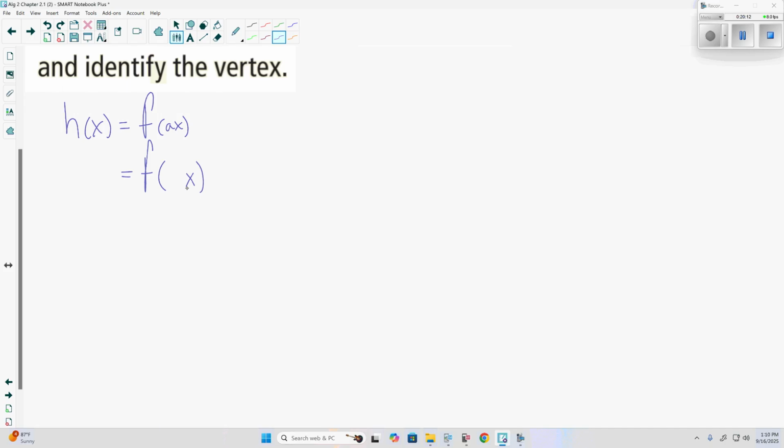Because they told us it was 1/3, the value we plug in for a is not 1/3, but 3. We have to flip it. Now at this point here, we can replace every x in f of x with 3x. And since f of x is just x squared, it becomes parentheses 3x close parentheses squared.